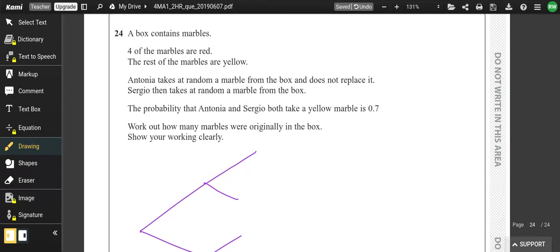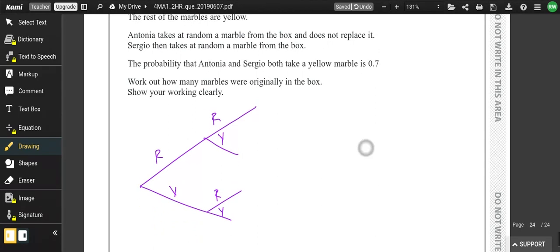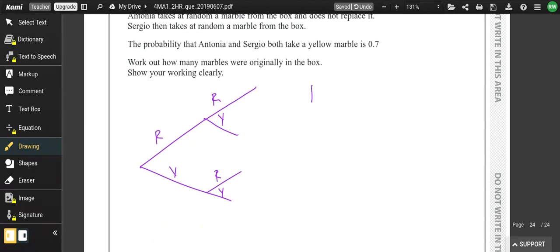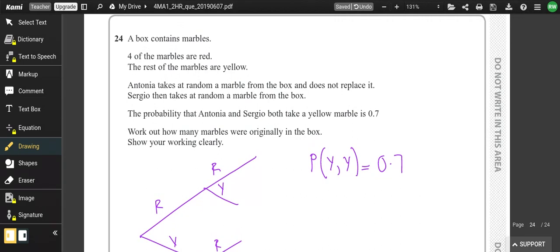Let's just go red, red, yellow, yellow, red, yellow. And what we're interested in is yellow and yellow. So the probability of yellow then yellow is 0.7. And how can I express that as some sort of equation, because I don't know how many yellows we'd have.